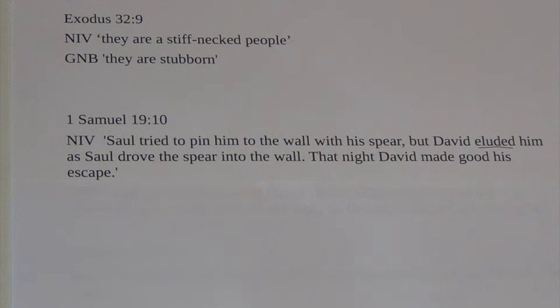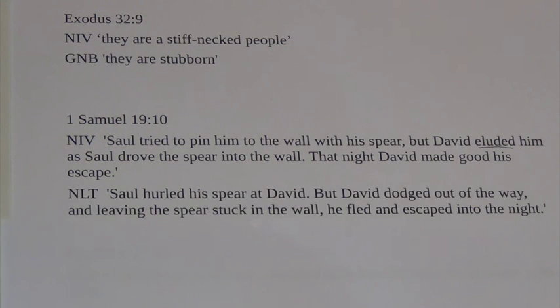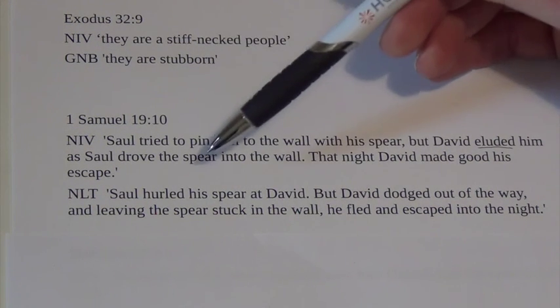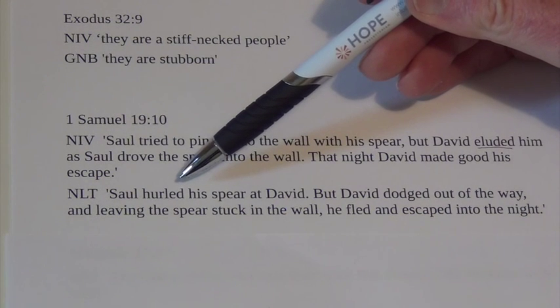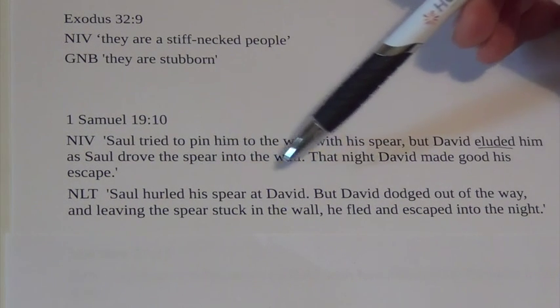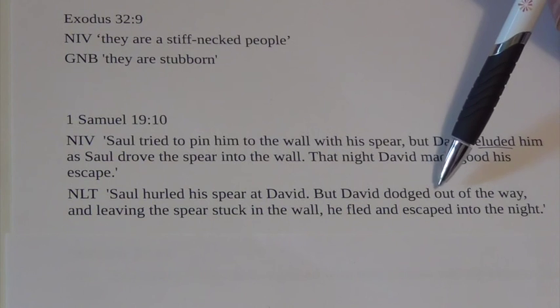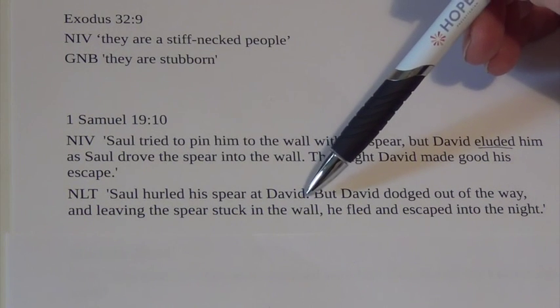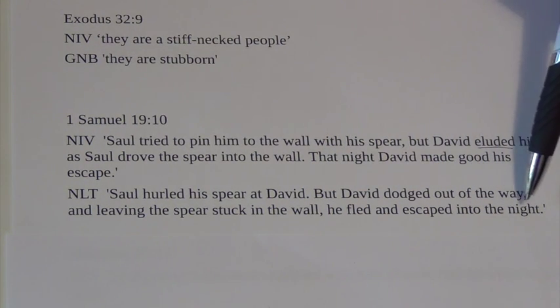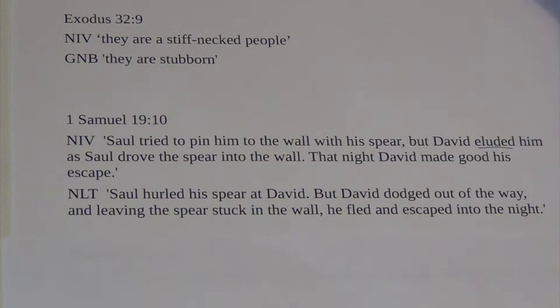But let's see what the NLT says. Saul hurled his spear at David. To me, that's much better at capturing the action. Saul hurled his spear at David, but David dodged out of the way, leaving the spear stuck in the wall. He fled and escaped into the night. To me, that's much better in getting the action.